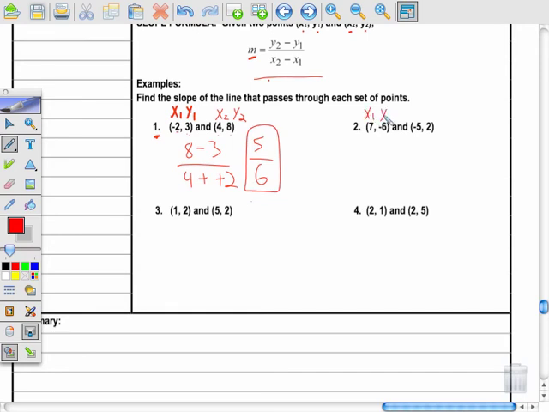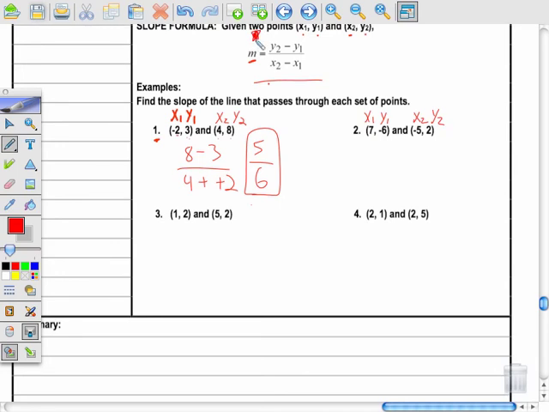Number 2, again, x1, y1, x2, y2. Looking at my formula up here, y2 minus y1, so y2 is 2 minus y1, which is negative 6, divided by x2 minus x1, so x2 is negative 5 minus 7. 2 minus negative 6 becomes 2 plus 6, that's 8, over negative 5 minus 7, which would be negative 12.